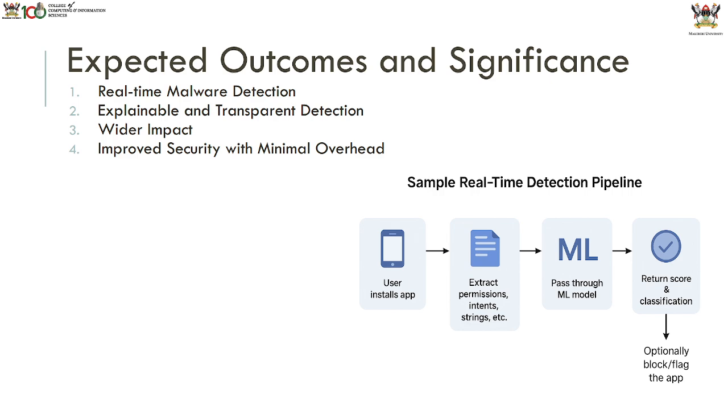We extract features from this app. We pass them through our model. The model will return a score and a classification, and hence flag. So if the app is malicious, it will block and flag it as malicious. If it is non-malicious, it will flag success and the installation continues.